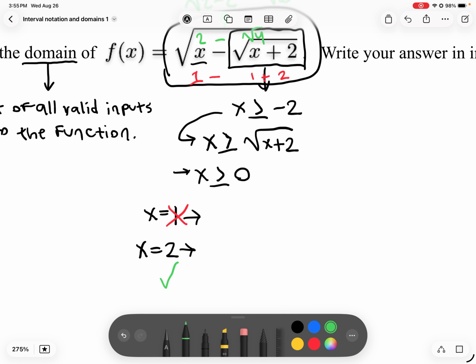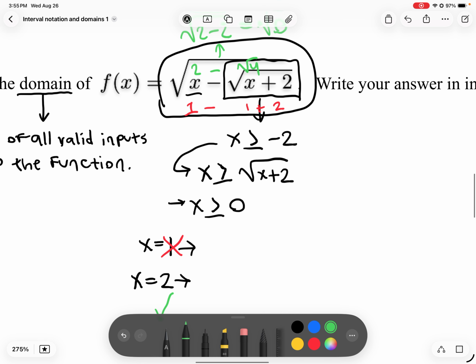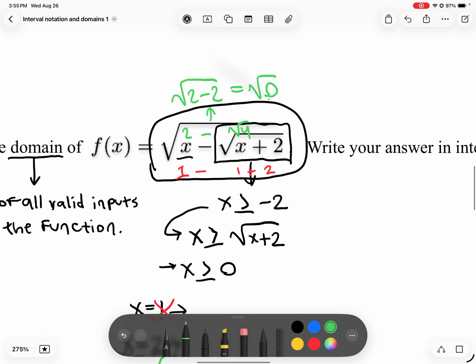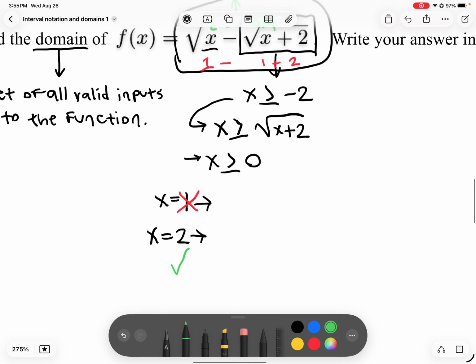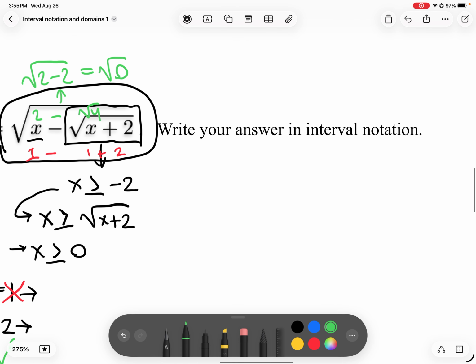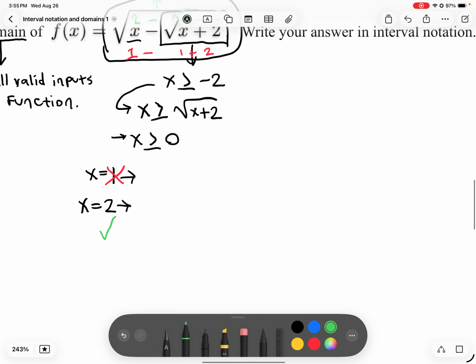You can test x equals 3, x equals 4, and you'll find that they keep increasing the value under the square root. So they ask for the answer in interval notation here.